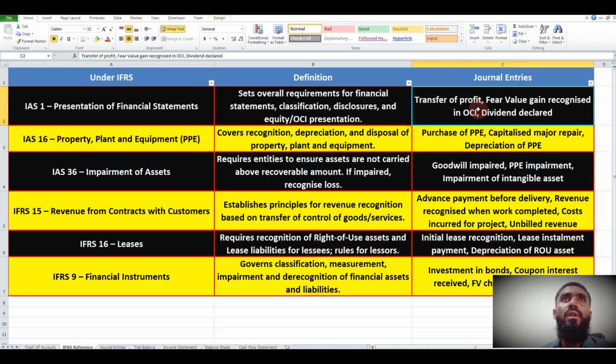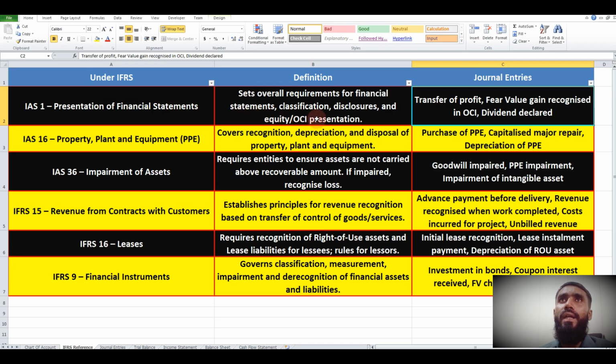The journal entries: transfer of profit, fair value gain recognized in OCI (other comprehensive income), dividend declared. This means that under IAS 1, presentation of financial statements, we have to know which entries move to this rule.